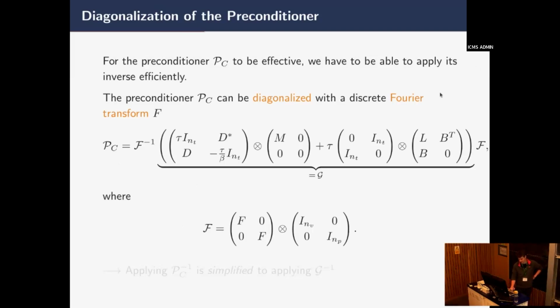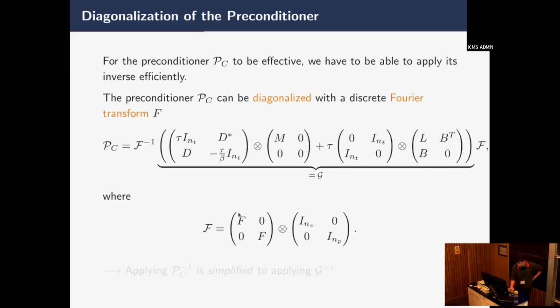So if we have some block form of the Fourier transform applied to the left and the right, what we get is that the identities stay here and here and here, and the circulant matrices result in diagonal matrices with eigenvalues being the Fourier transforms of the first row of the time-stepping matrix.